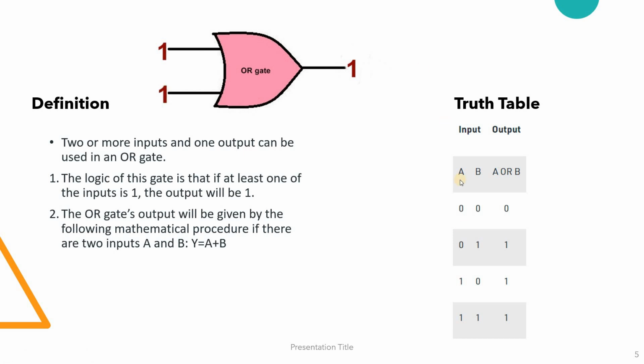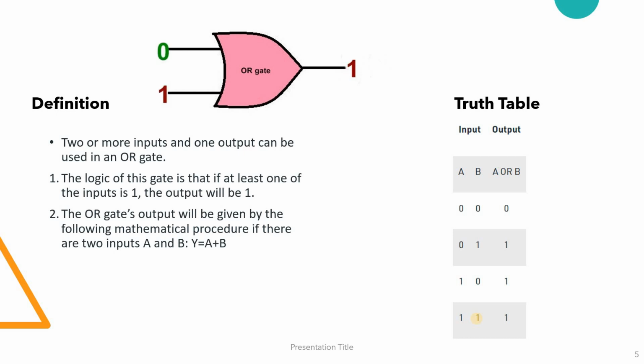Because we are taking two inputs, we can put the input as 0, 0, 0, 1, 1, 0, and 1, 1, because only the computer knows the binary language. The binary means 0 and 1.